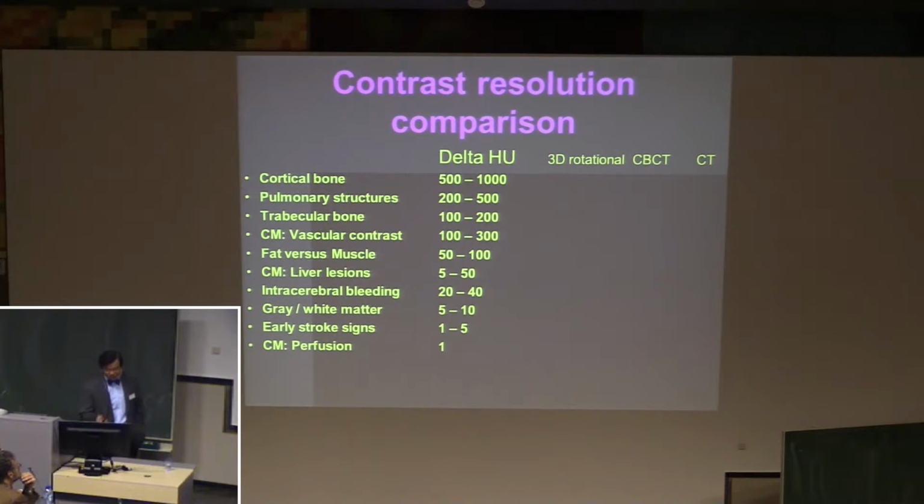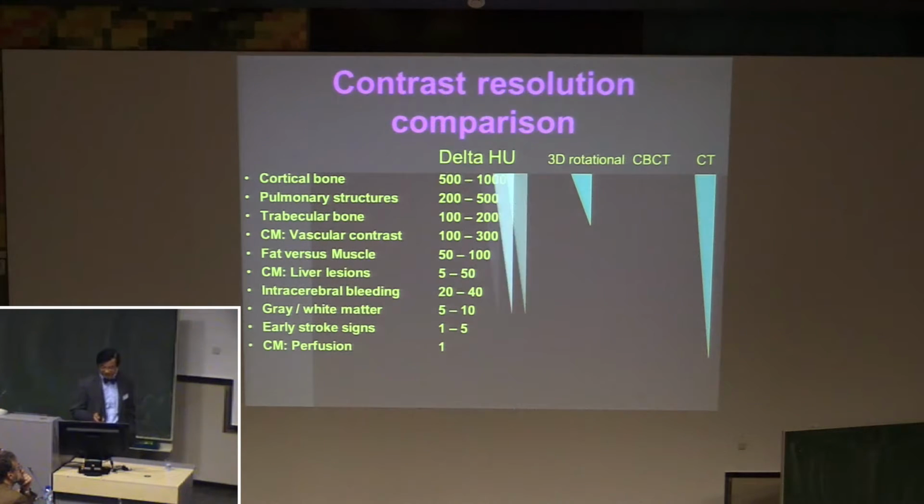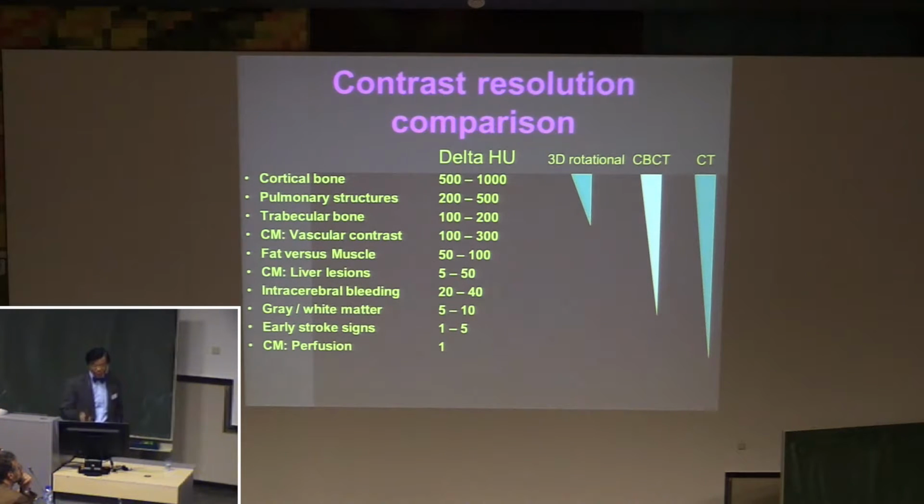Just to show you the range of Hounsfield units or tissue that it can image, 3D rotational angio, of course, could only cover bone or contrast-enhanced structures. CT would show you the whole gamut of structures as shown here, and Conebeam CT is somewhere in between.